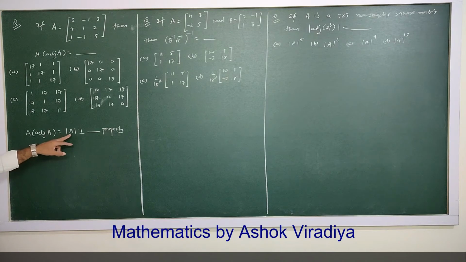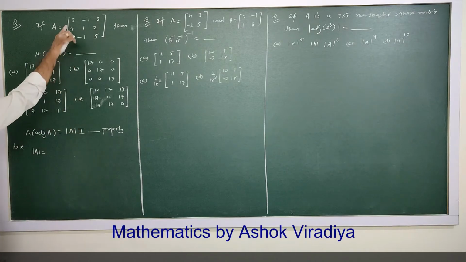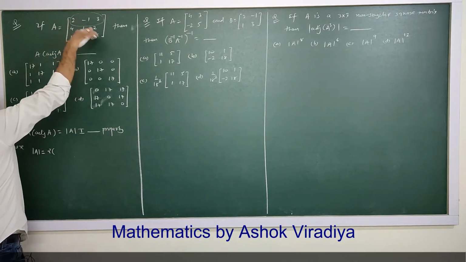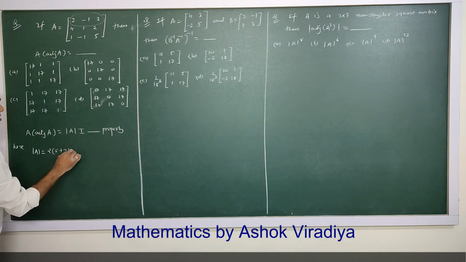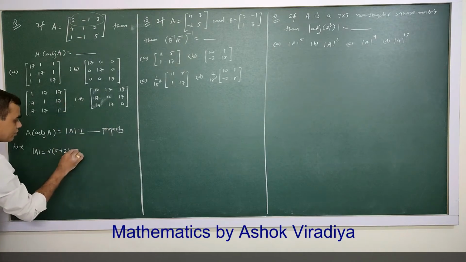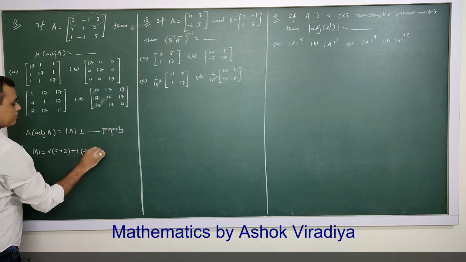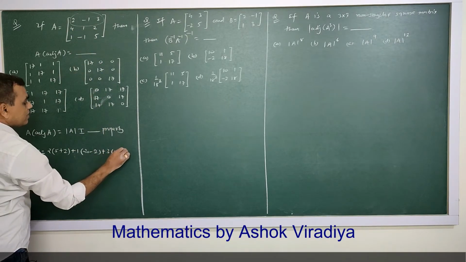So to use this property, we find determinant of A. So here determinant of A is 2 into, using first line, 2 into 5 minus minus 2, that is 5 plus 2, then minus 1, so put here plus 1, 1 into 20 minus 2 plus 3 into minus 4 minus 1.